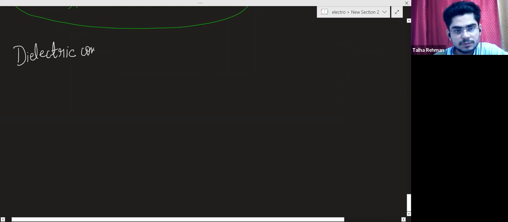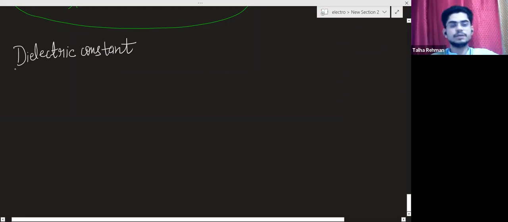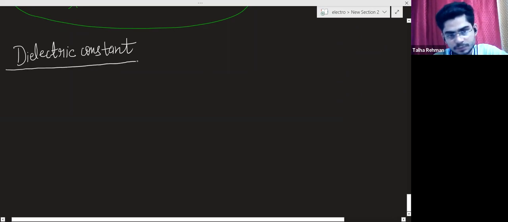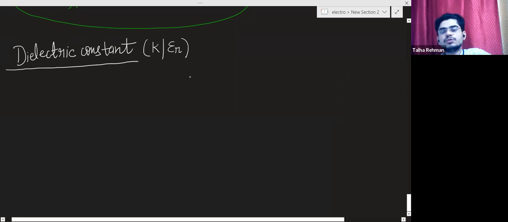You can represent dielectric constant with K or epsilon R, and this dielectric constant is also known as relative permittivity.